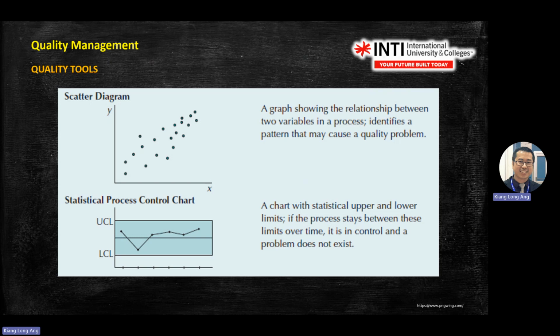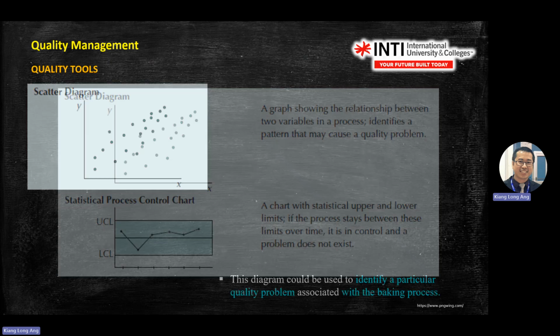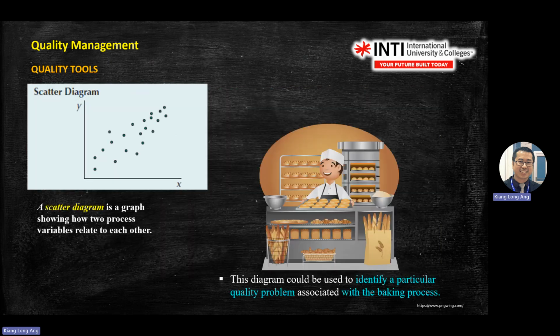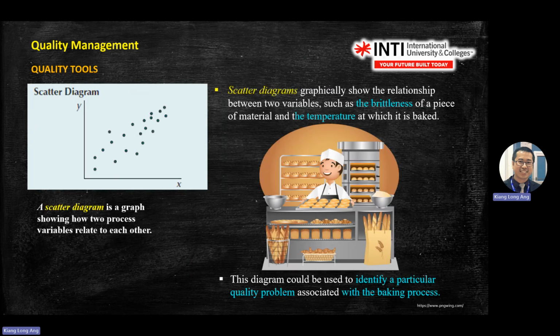The one at the lower is the lower control limit. This is the upper control limit. Okay. So later we will have one exercise doing this, and I might come out with this in your test too. So scatter diagram, this one you read.